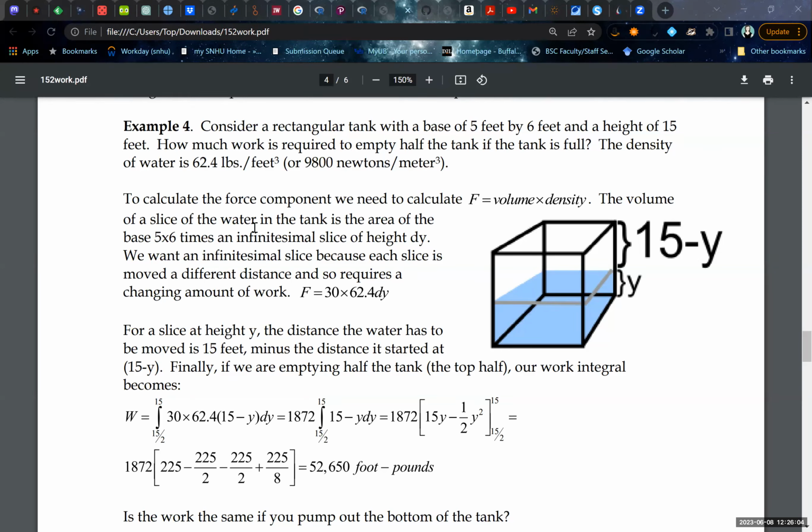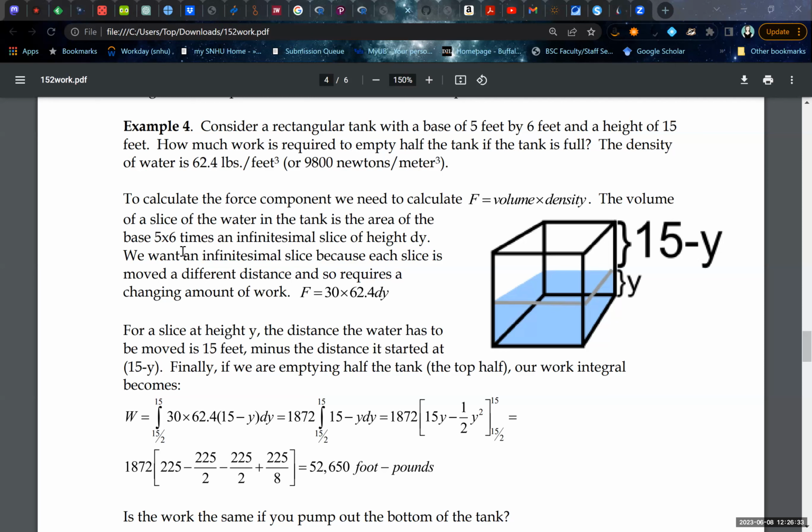The volume in this case is basically going to be based on the area of a cross-sectional slice, times dx or dy. So in this particular example, the base of the tank is 5 feet by 6 feet. So there's a rectangle on the bottom of the tank, 5 by 6. The area of that cross-sectional slice is 30 feet squared.